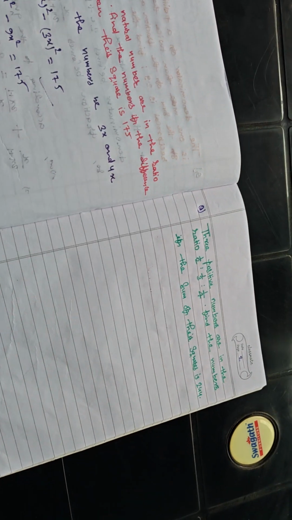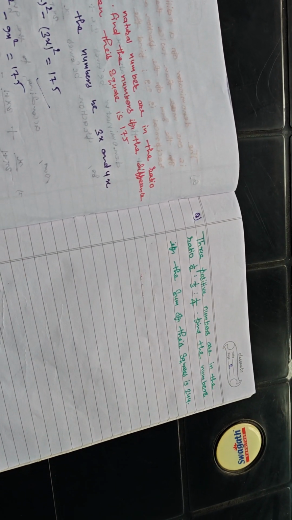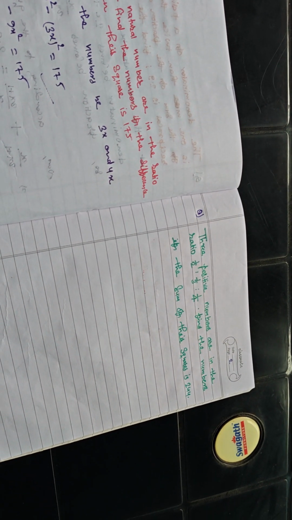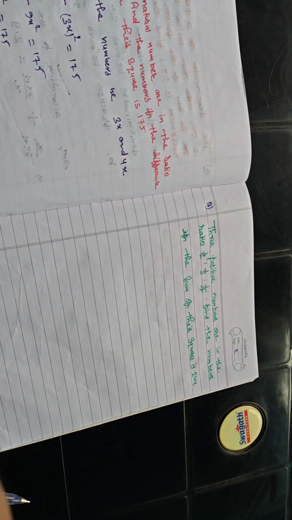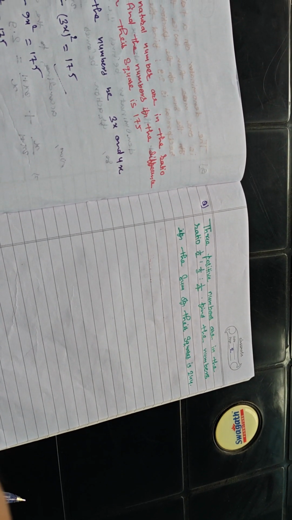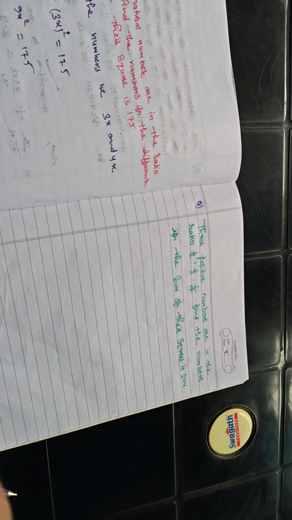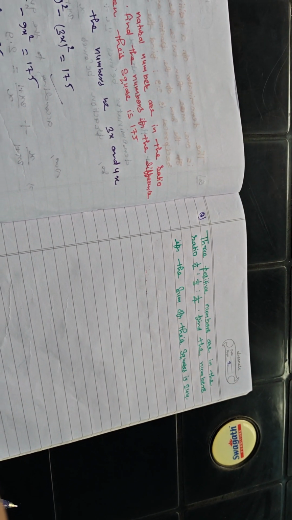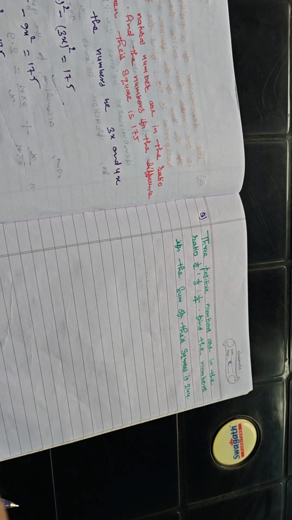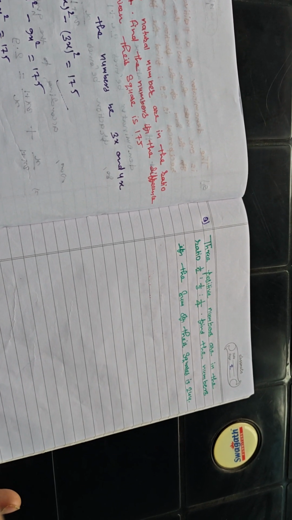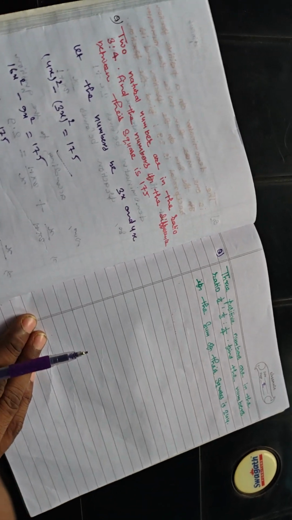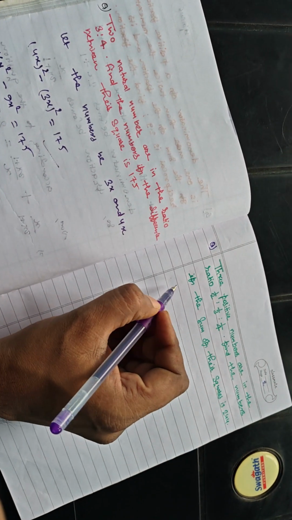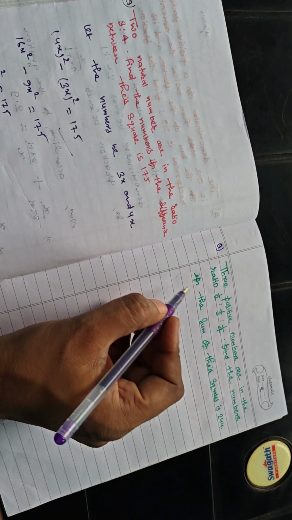Now in another question, three positive numbers are in the ratio 1 upon 2, 1 upon 3, 1 upon 4. Find the numbers if the sum of their squares is 244. We have two methods to solve this. Firstly, we can solve in the easiest way.